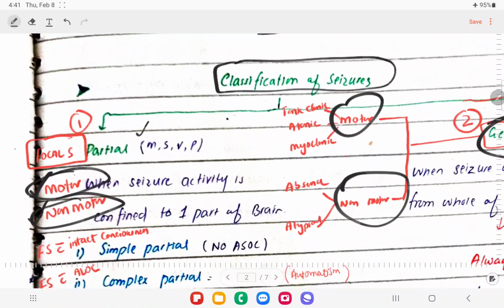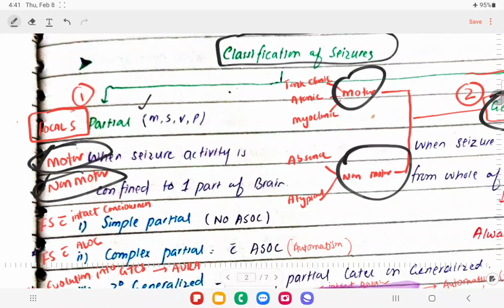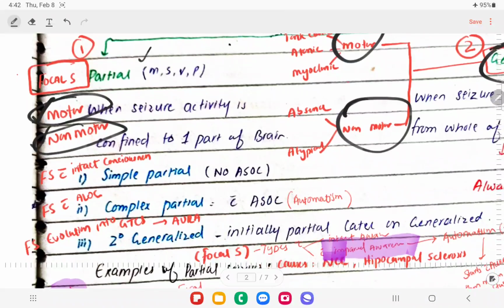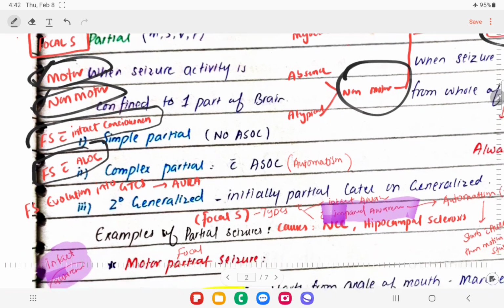So let's talk about focal seizures. All right, so focal seizure can be of motor onset, can be of non-motor onset, and focal seizure can be with intact awareness and without, with the altered level of consciousness.